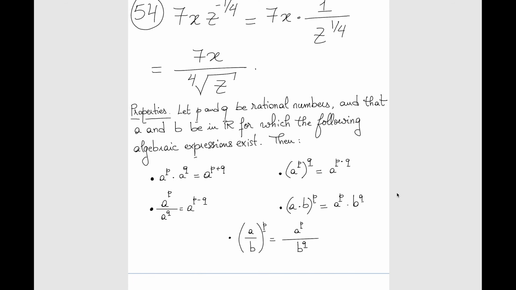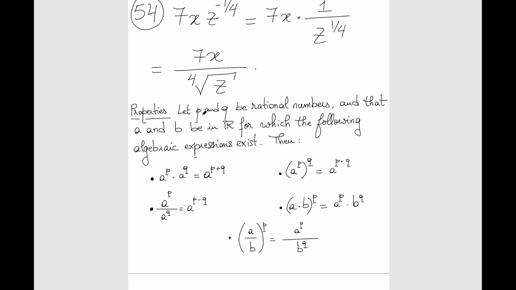Okay, the next property is the following. This is reminiscent of something you've seen before in a different course, but this is an extension of it. Let p and q be two rational numbers. Rational number means, again, a number that can be written as a quotient of integers.